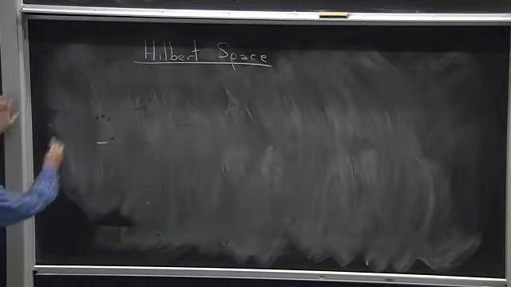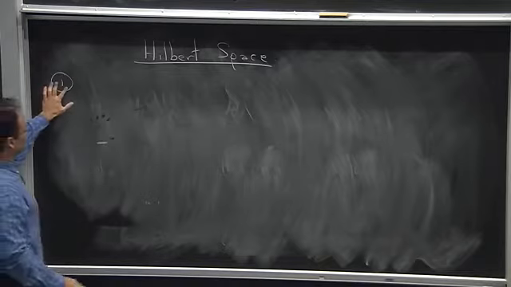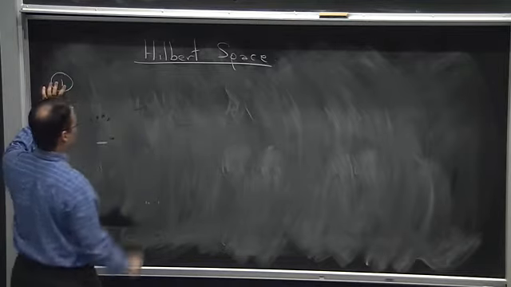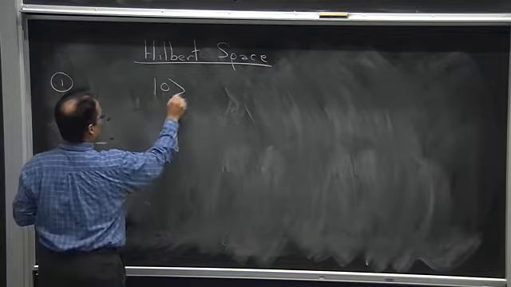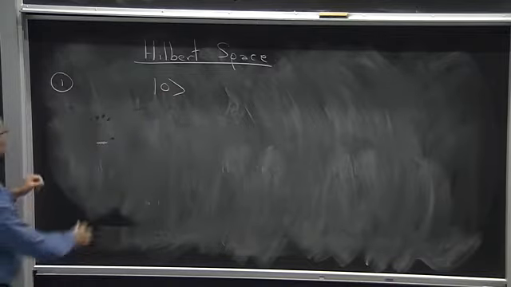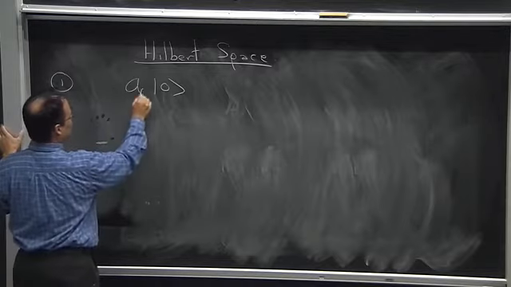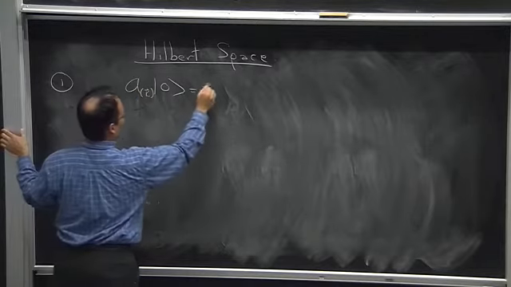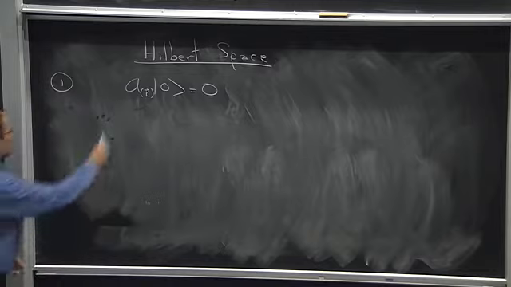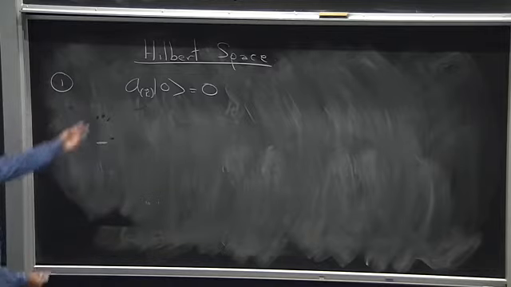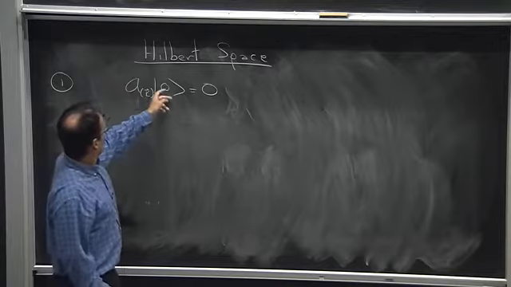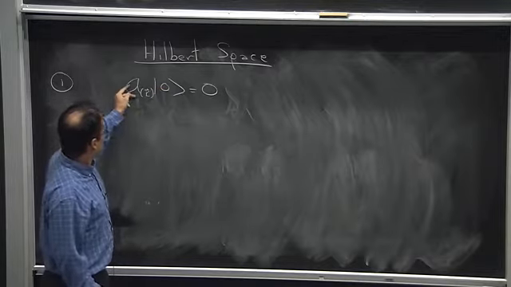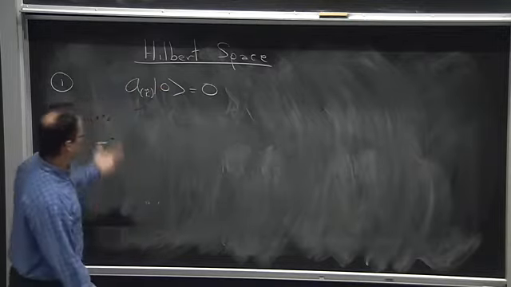Okay, so we're going to go back to this for a second. The first thing is that, of course, we can define a state which is a vacuum, and it's only natural to define it as a state that is annihilated by all the annihilation operators. So we declare these to be annihilation operators and define the vacuum as a state that is annihilated by all these.